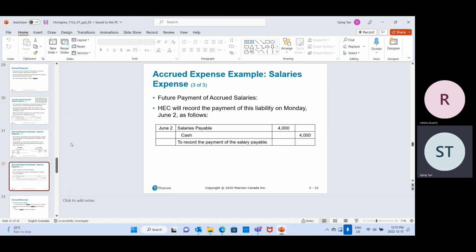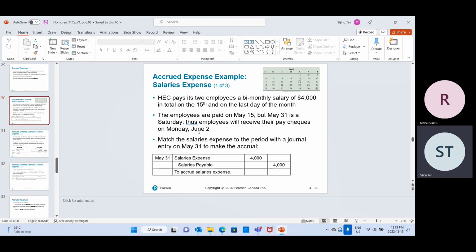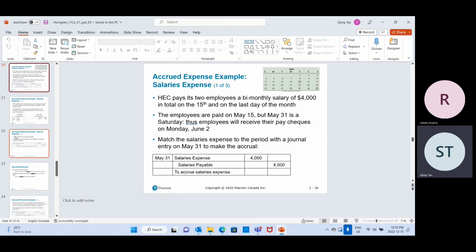But whenever there is a salary payable involved in the question, the journal entry will look like this: we debit salary expenses, credit salary payable. Okay, so that is the adjusting journal entry whenever salary expenses or accrued expenses happen.